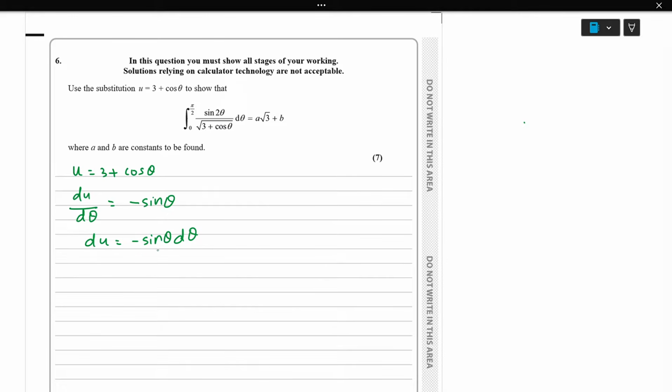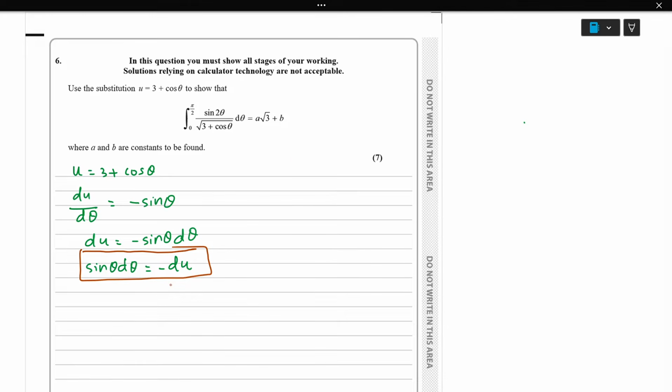So from here, sin theta d theta equal to negative du. Okay, so let it be here.